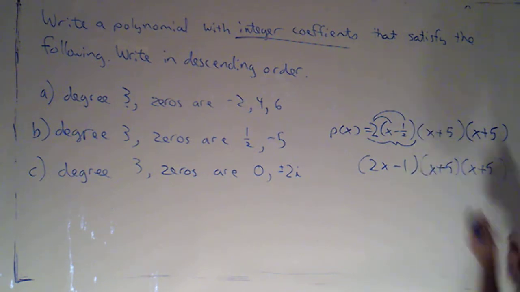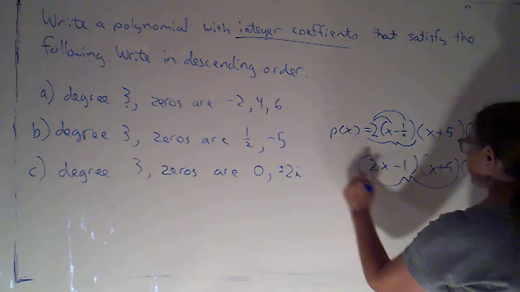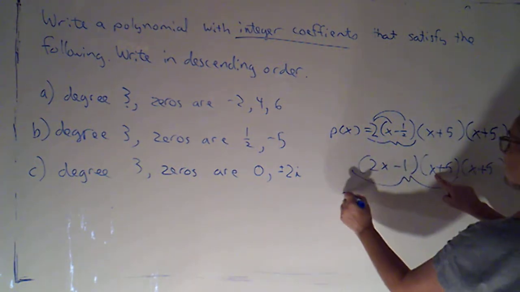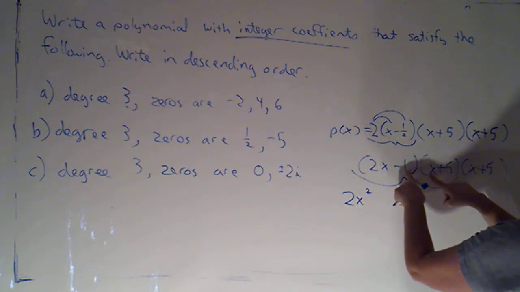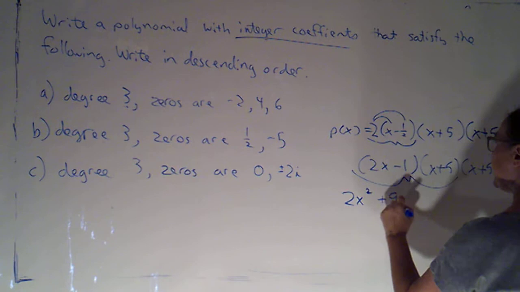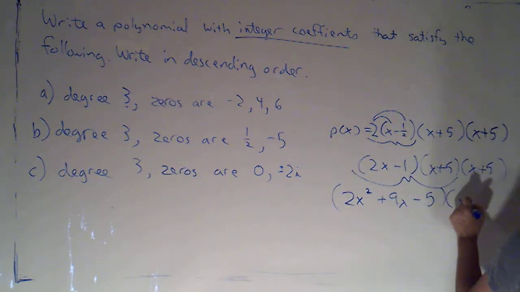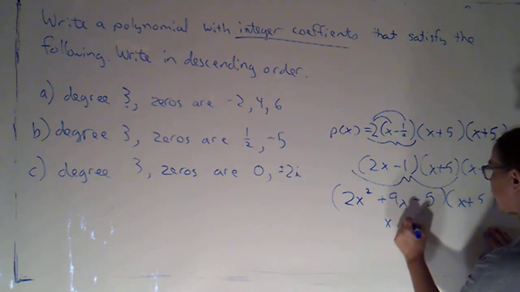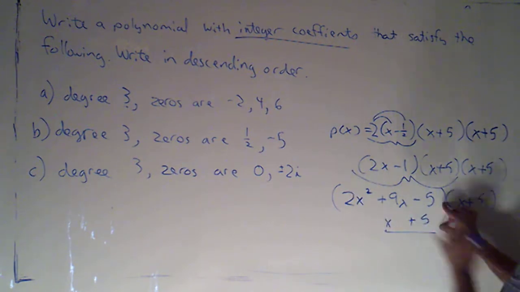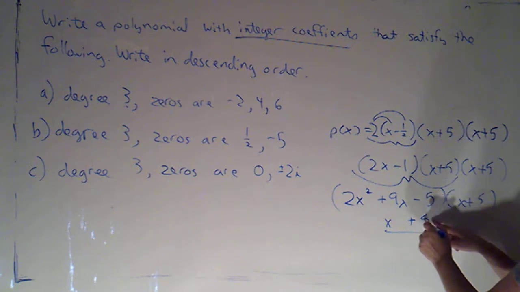Okay, so now I want to multiply this out. I'm going to just multiply those first two factors by FOILing. So that'll give me 2x squared plus 10x minus x is plus 9x minus 5. And then I still have to multiply that by x plus 5. Again, I like to use the vertical format, so I'm just going to write an x plus 5 underneath this trinomial with 3 terms here, and I'll distribute the 5.